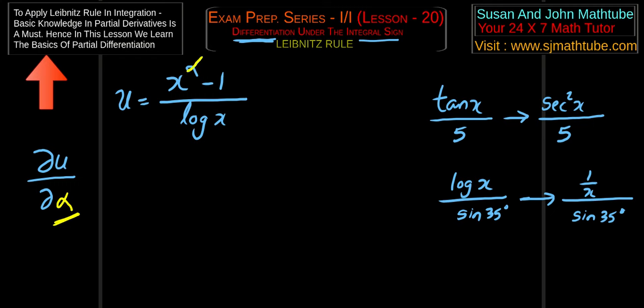And I'll make it very clear for you. Alpha is the only variable. So, of course, the denominator is a constant. Look at this. Alpha is the only variable. So, x is a constant. And if x is a constant, log x is a constant. So, I'm going to keep the denominator as such because the denominator is a constant.